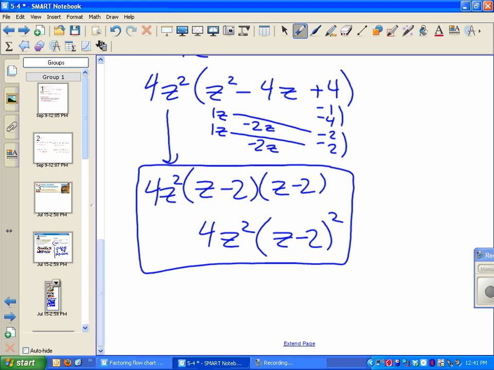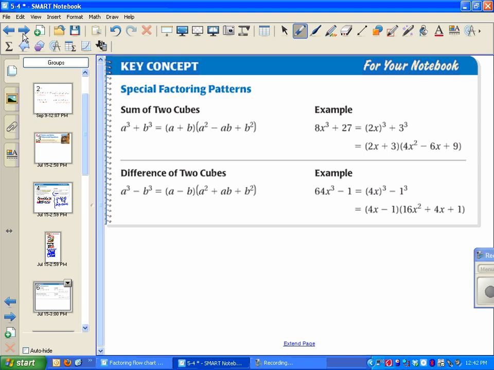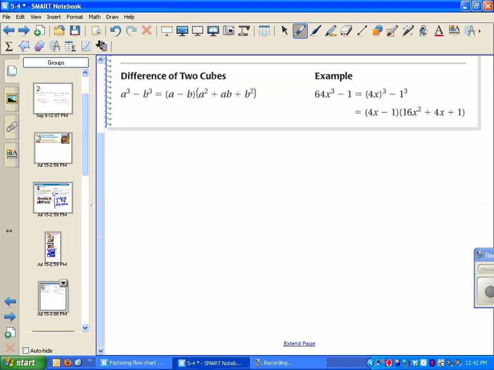Okay, our next key concept is the sum and difference of two cubes. This is a new formula. Every time you use it, please write it down, so by the time the test comes, you will not need to memorize it. All right, so I'll just do an example of the sum of two cubes. That is a cubed plus b cubed.